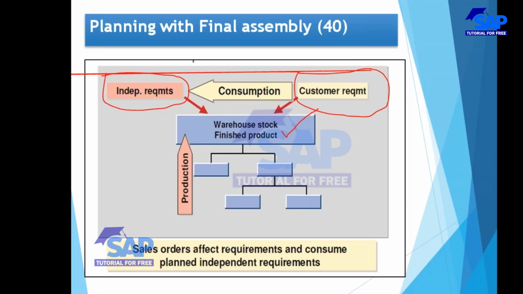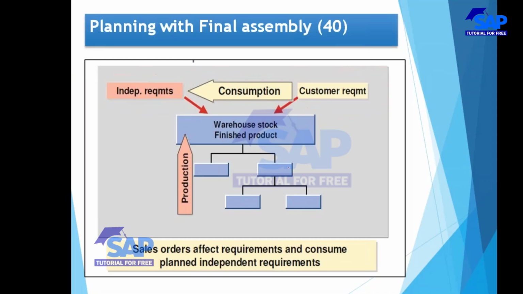I'll explain this in a minute. The only thing you need to consider is that both are considered in this planning strategy. Whereas in 10 and 11, which we discussed, sales orders are not included in the planning at all. But here, in planning with final assembly, sales orders also get consumed and are also considered in the MRP.